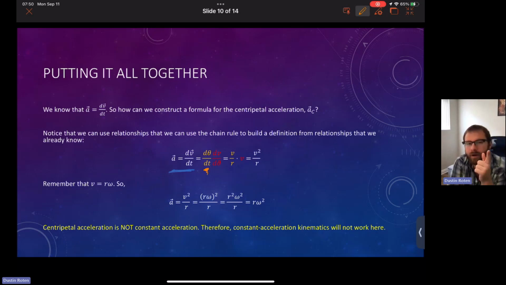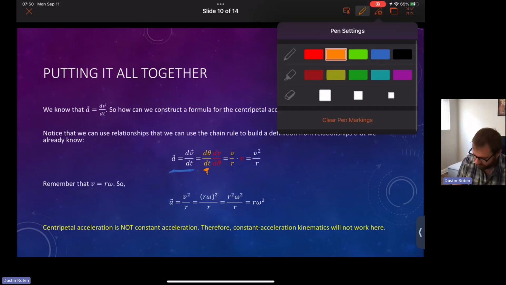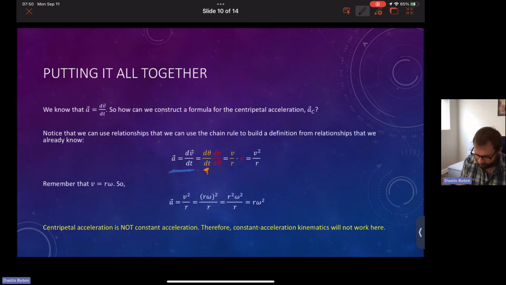I started with what I knew, d theta dt, and then I thought, wow, if I just had dv d theta, look at what happens. Hopefully you remember this from Calc 1. If I started with what I know, d theta dt, and then I wrote out what I wanted to happen, I want the d thetas to cancel out. So if I had a dv d theta and I multiplied those together, by the chain rule, look at what's left over.